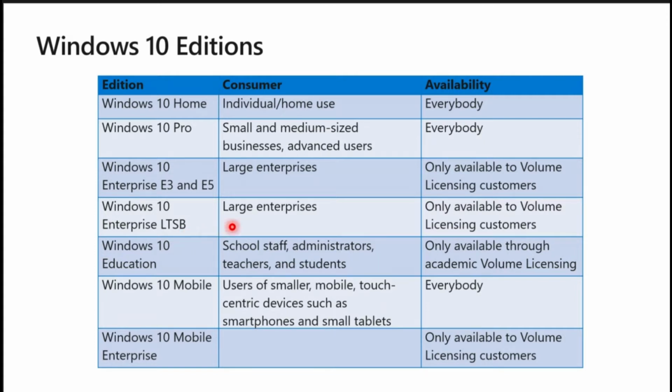That's for the large enterprise, they use this one, only available to volume licensing customers. So LTSB is one kind of update, and these updates are very specific. They'll not always provide you updates. So for those particular versions, they have separate updates. So that is the advantage.